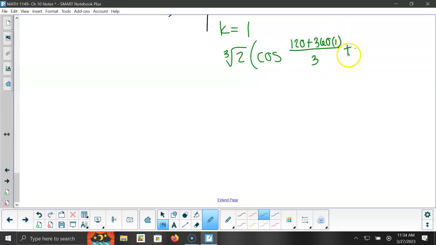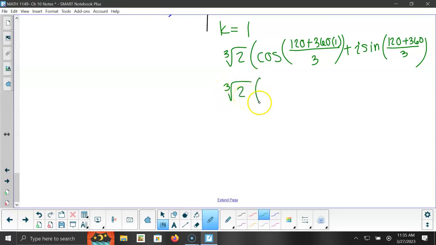Still over 3. So what's 120 plus 360 divided by 3? 160. So cube root of 2, bless you, cosine, what did you say it was? 160?